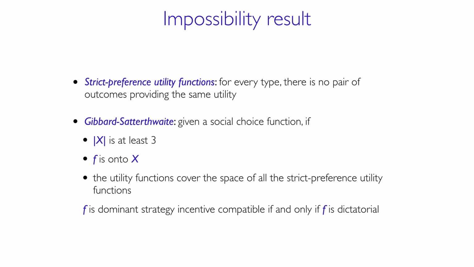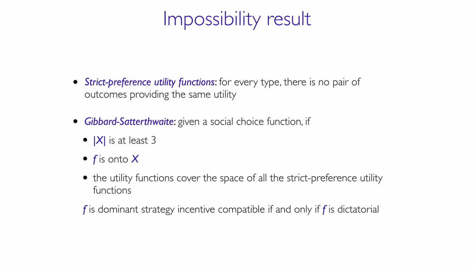That is, if the 3 assumptions of Gibbard-Satterthwaite hold, then we can produce an incentive compatible social choice function if and only if it is dictatorial.